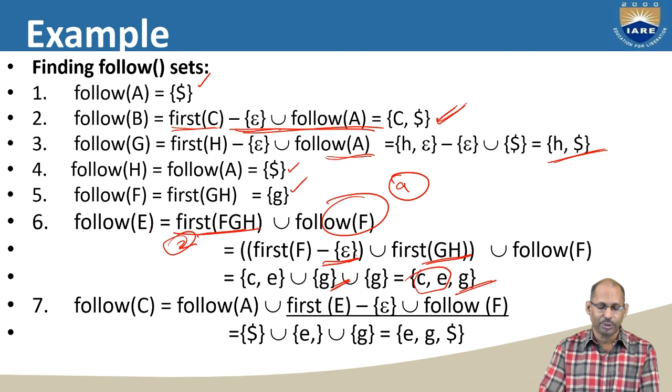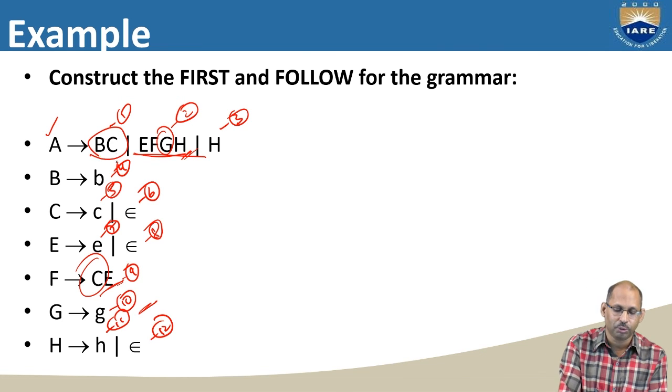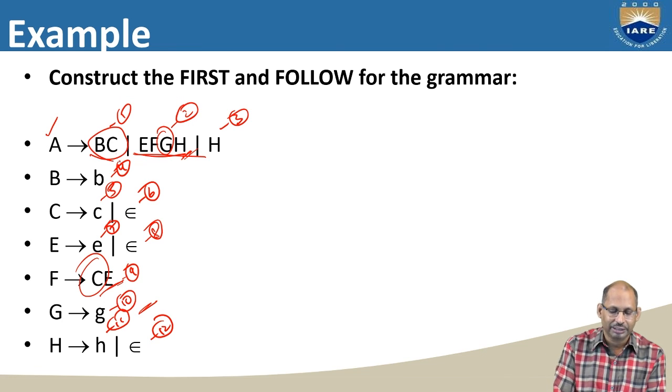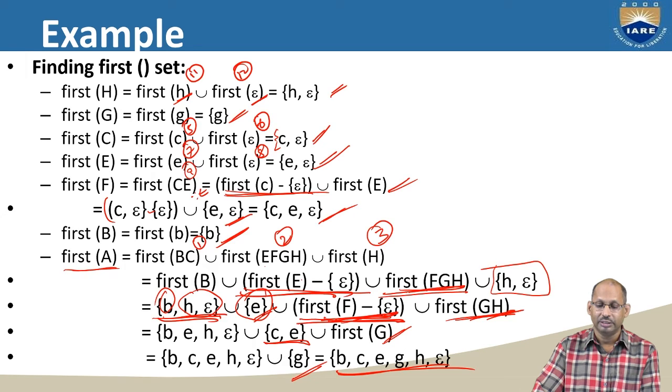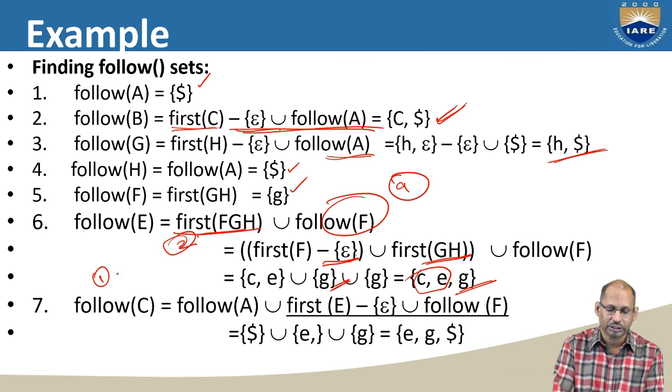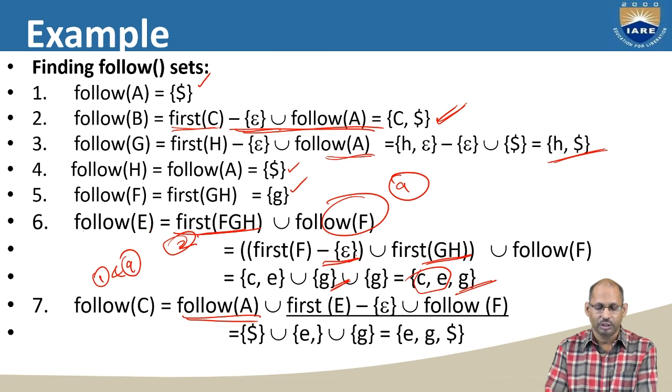Then another variable left, C. C is present in the first production and in the ninth production. So follow of A and first of E. But what is the first of E? E has epsilon. So minus epsilon, follow of F. Right? Here follow of A is $ sign.